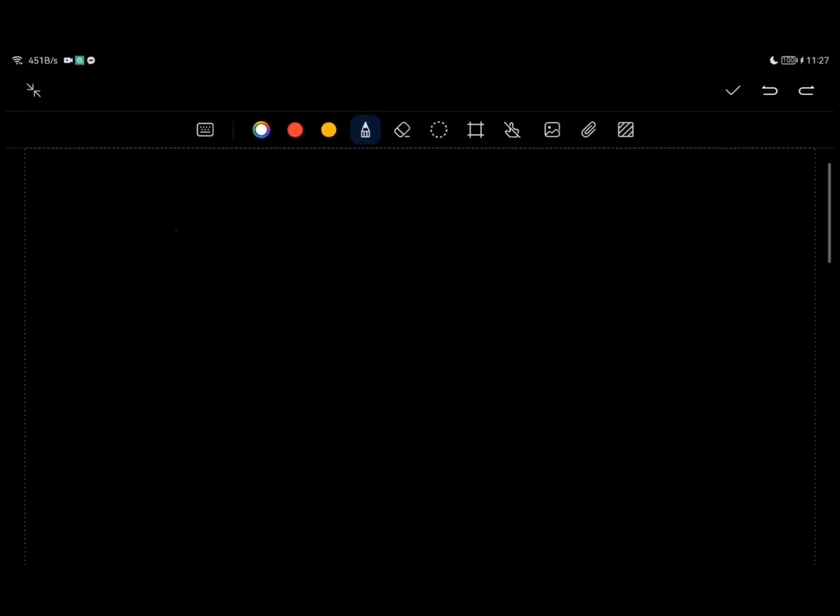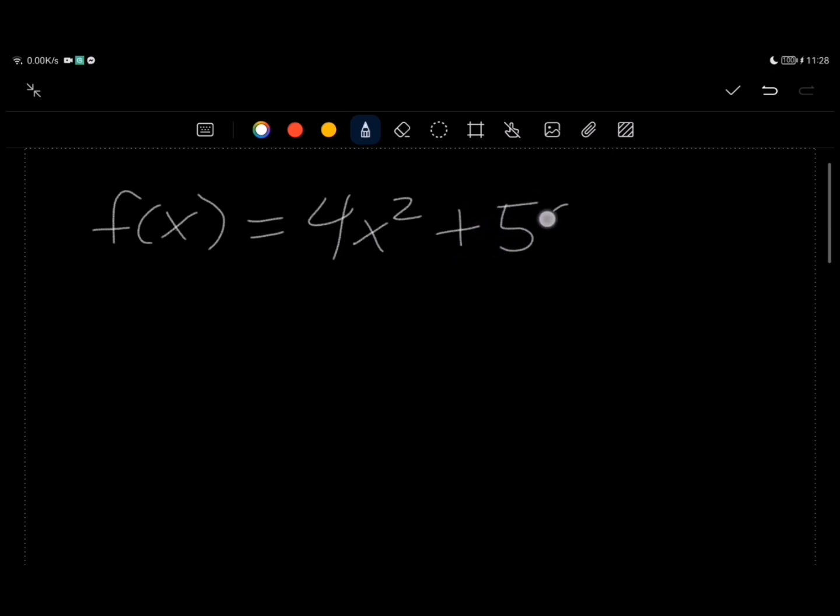I'm going to write a simple problem here, and let us try to answer it using the basic rules of derivatives. So, for example, we have f of x is equals to 4x squared plus 50. So it's just going to be simple.